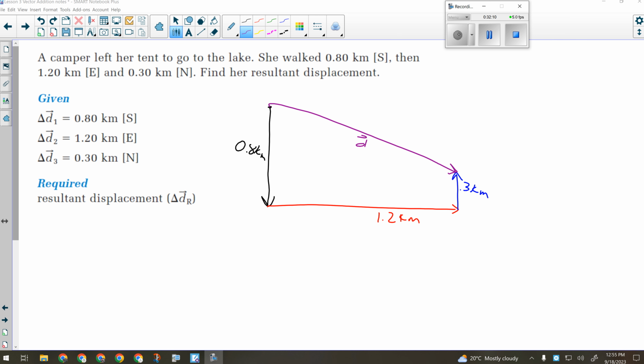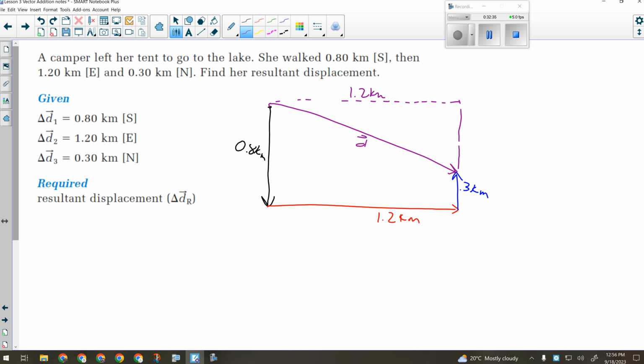1.2 kilometers, right? We know that from down here. So that means this side of that triangle must be 1.2 kilometers. How long is this side? I went 0.8 south and then came back 0.3 north, so how far south did I end up? 0.5.